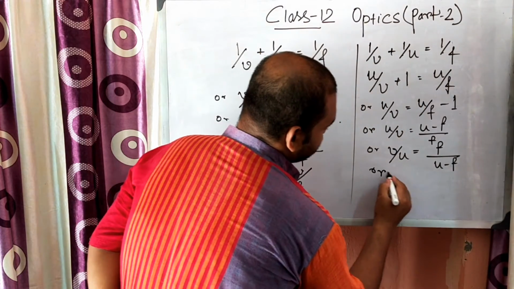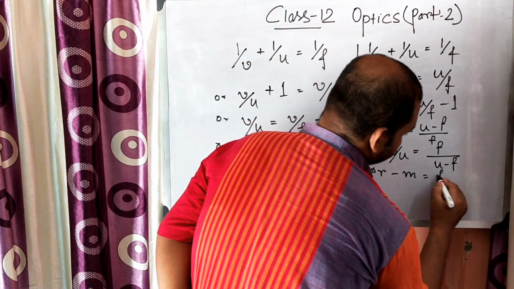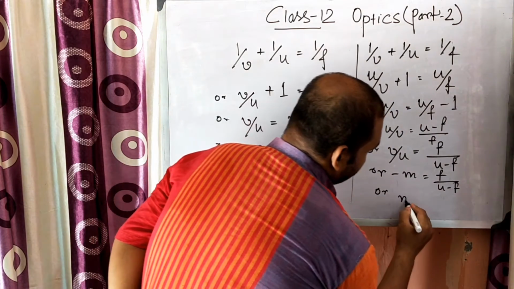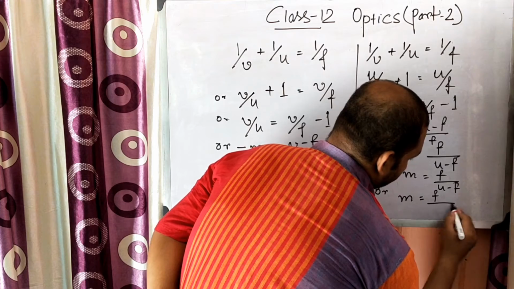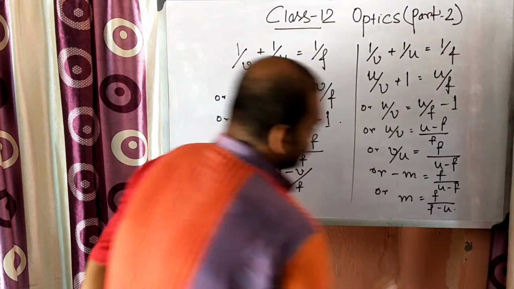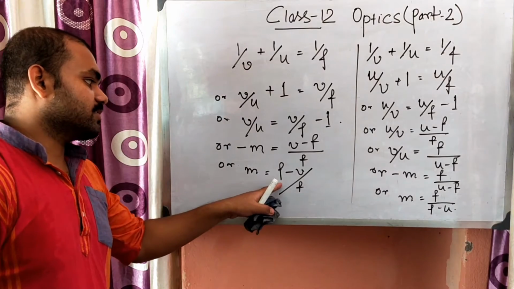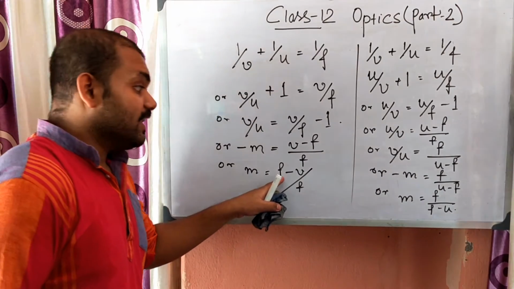Or v by u can be written as minus m, so m is equal to f by f minus u. So these are the relations of linear magnification with respect to focal length.